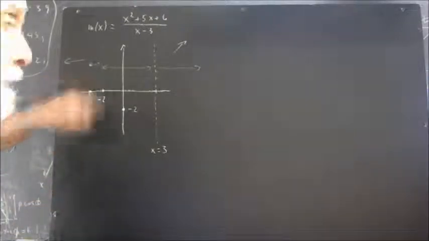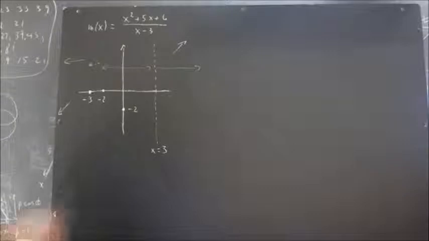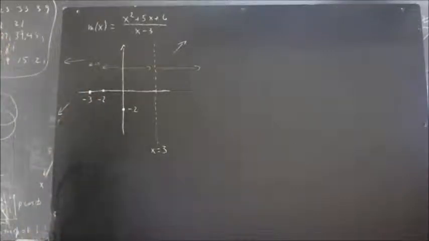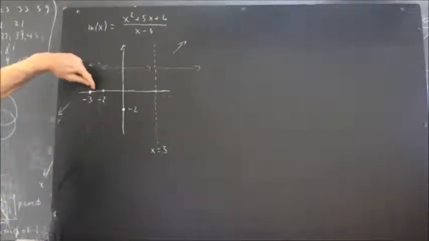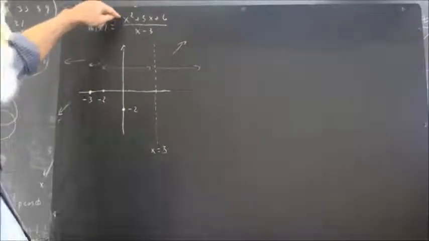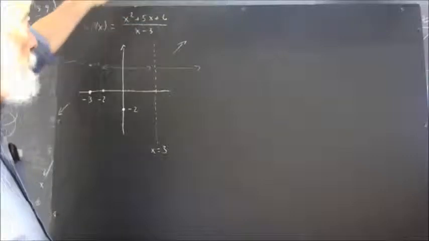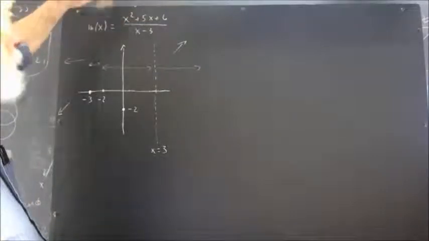Now, between -3 and -2, let's take -2.5. If x is -2.5, then x squared is 6.25. You add that to 6, you get 12.25.